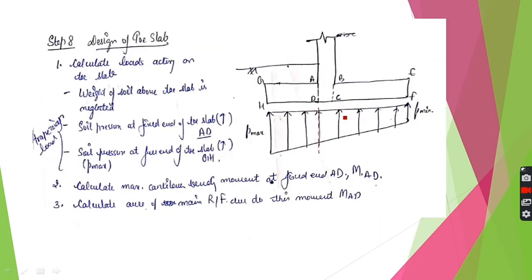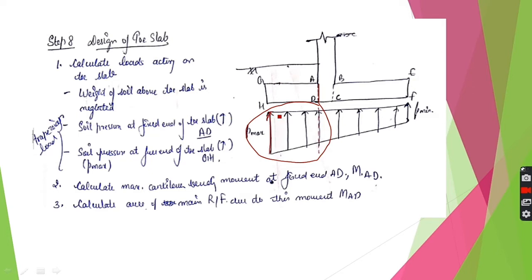The design for the toe slab will be the same as that of the heel slab, with a minor difference that here you will look at this particular portion only, as this is the fixed end. So now this is the upward force acting on your toe slab, and the downward force due to the weight of this soil has been neglected. So there will be only one force actually.